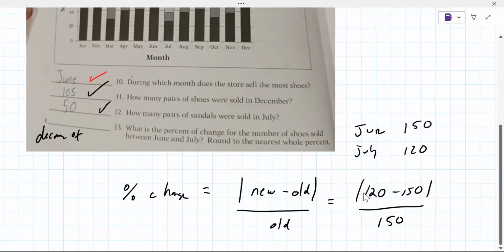So you've got to go to a calculator, take 120 and subtract 150, take the absolute value of that, and then divide by 150. Is that clear?